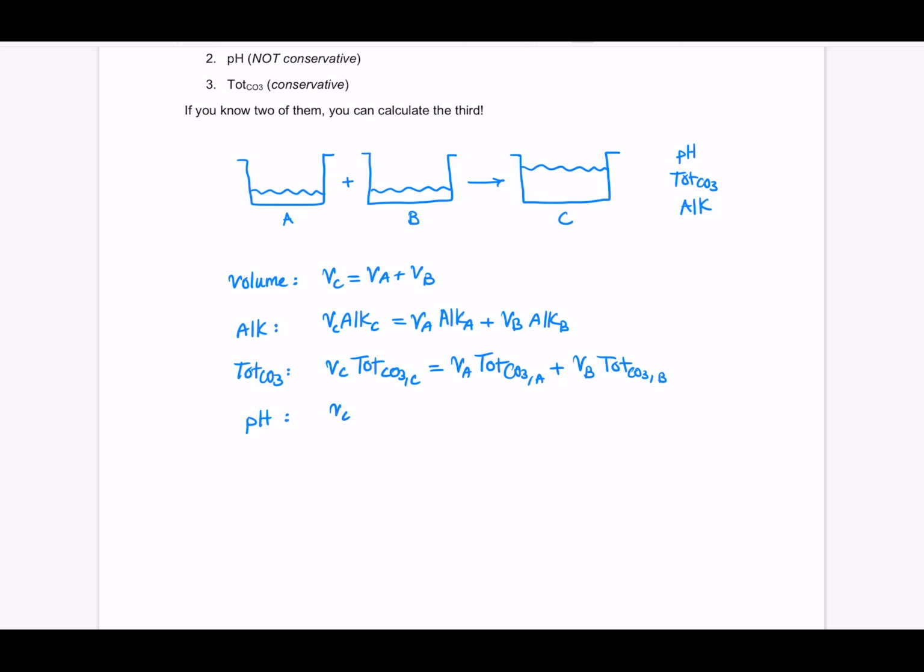Can we do the same weighted average? With an equal amount of Coke and an equal amount of something else, they would be the average of the two.